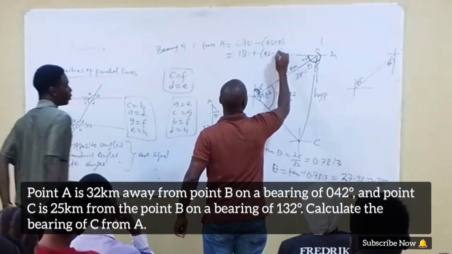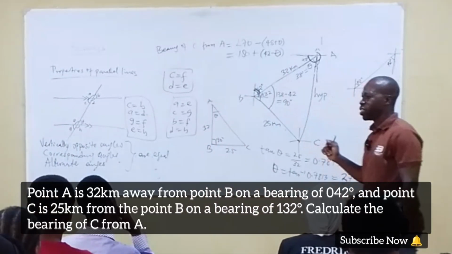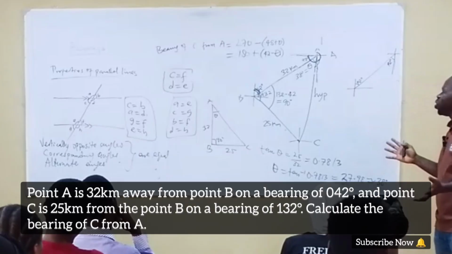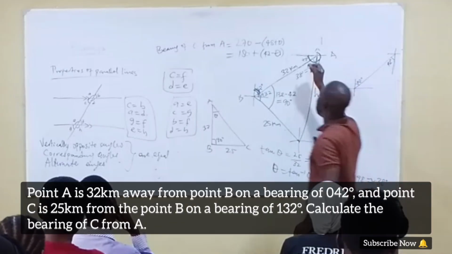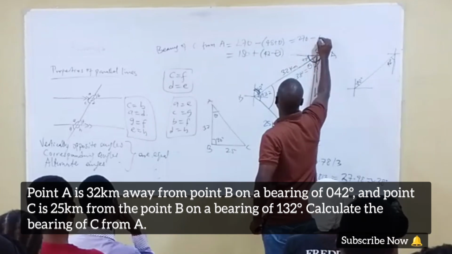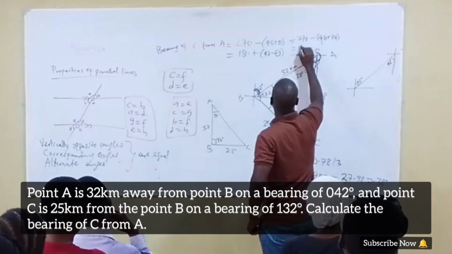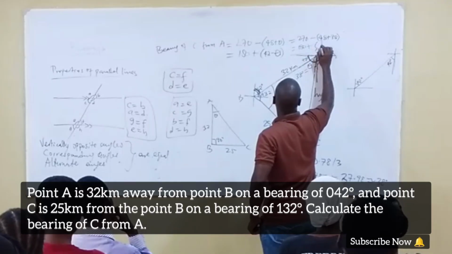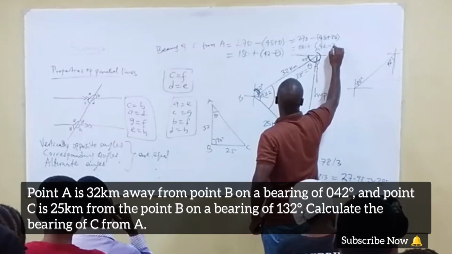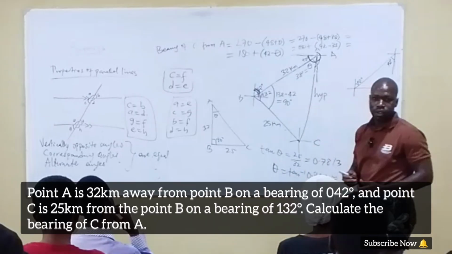Both are going to give us the same answer. So let's do 270 minus 48 plus 38, then 180 plus 42 minus 38. What's our answer? 184.